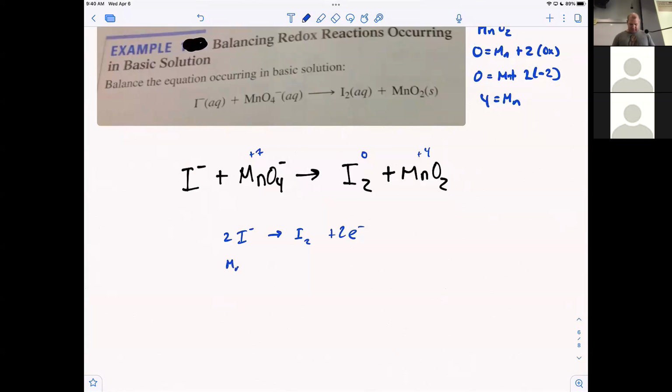Manganese plus 3 electrons goes to MnO2. To go from +7 to +4, 3 electrons have to be absorbed.